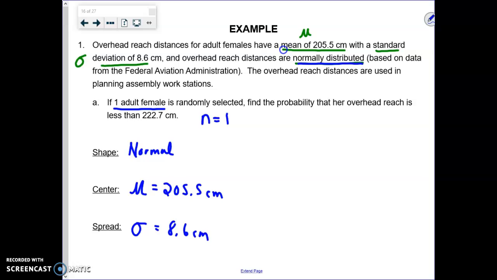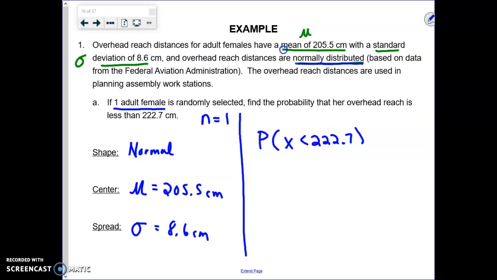Now that we know all this, we can go ahead and figure out what's the probability that a single individual, a single adult female, will have a reach of less than 222.7 centimeters? Well, we can just go to our stat app.